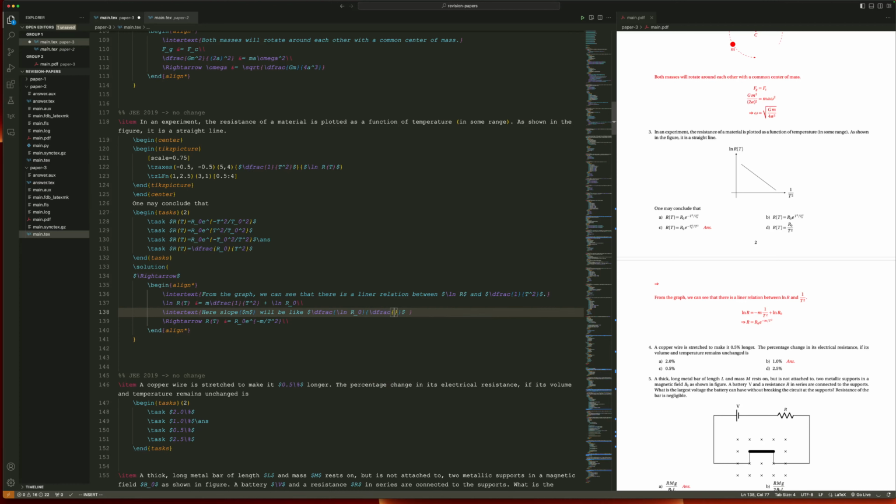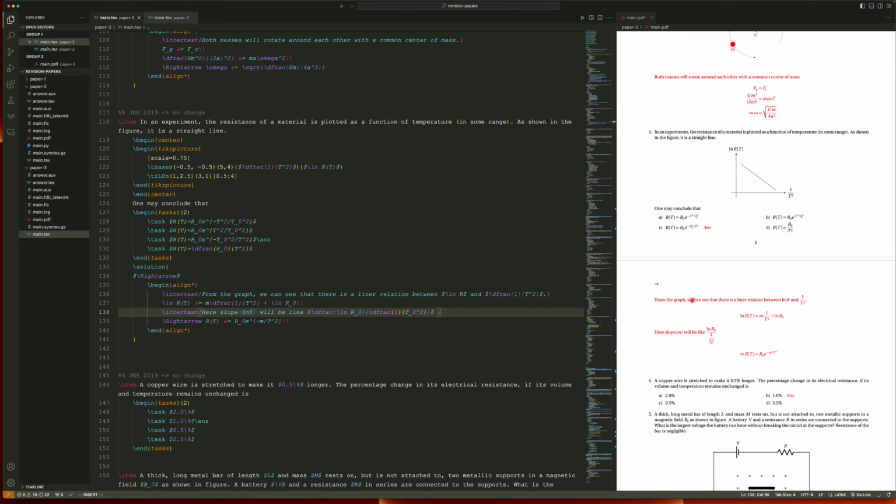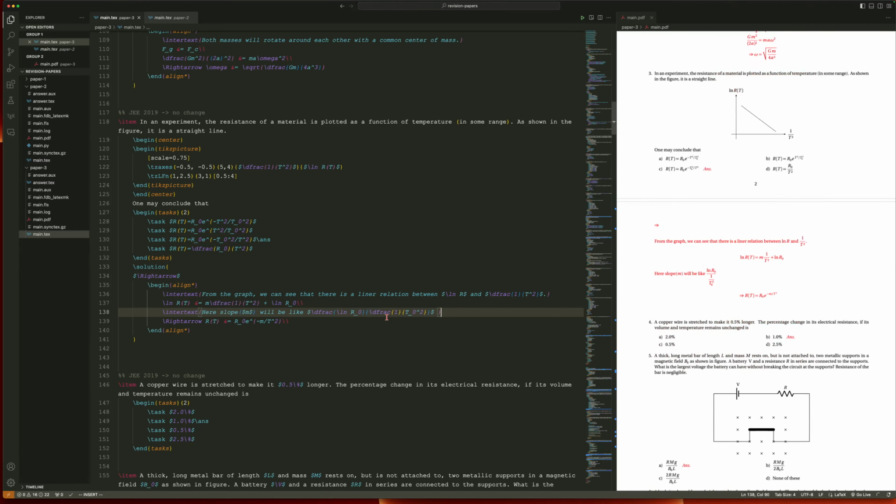It's quite tedious, but anyway we have to do it. So T naught square, yeah. Let's run it first and then we can check. So here slope m will be, I think, minus, because the slope is negative here. So this is how we can manipulate that part.